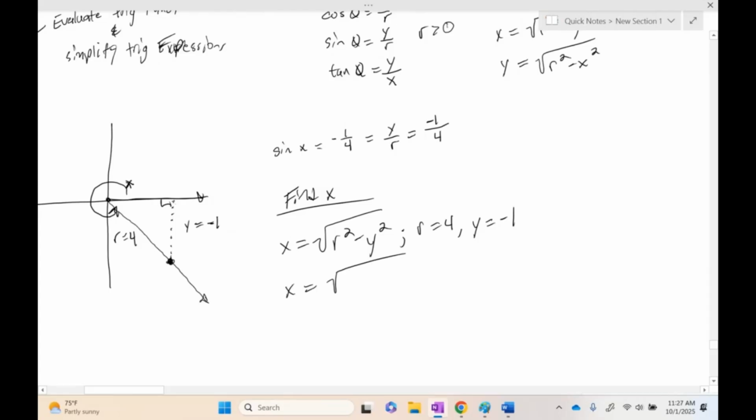So x is going to equal the square root of 4 squared minus, because that's a part of my Pythagorean theorem, y is also a -1, so I must make sure I substitute in a -1.